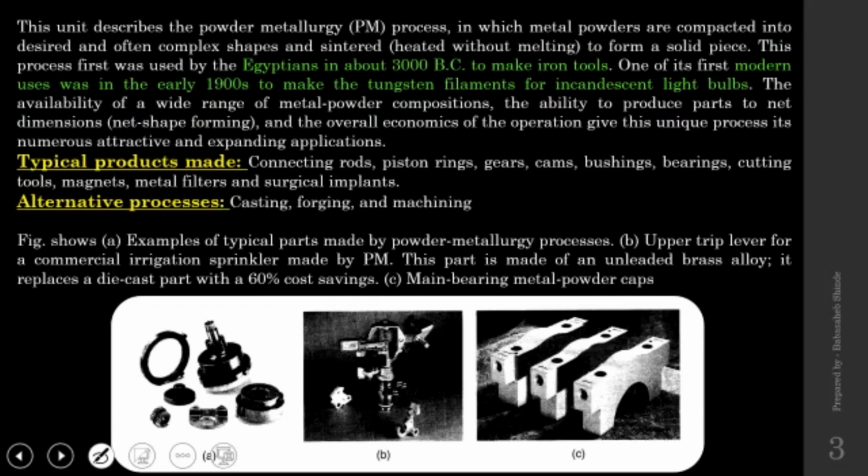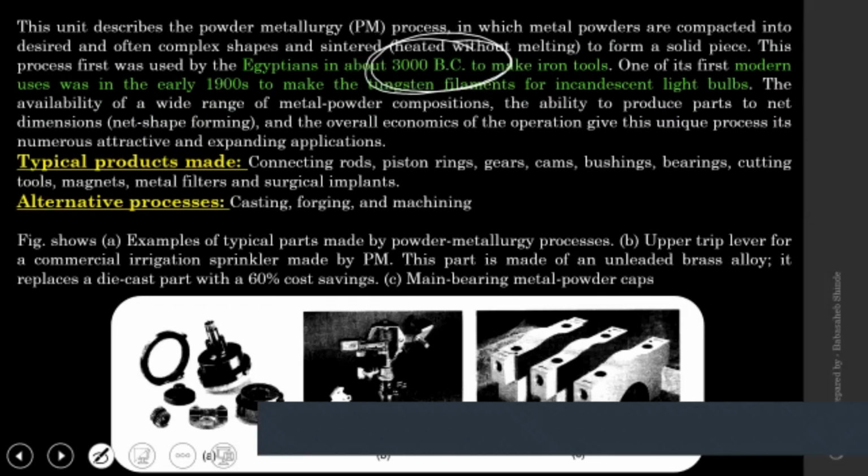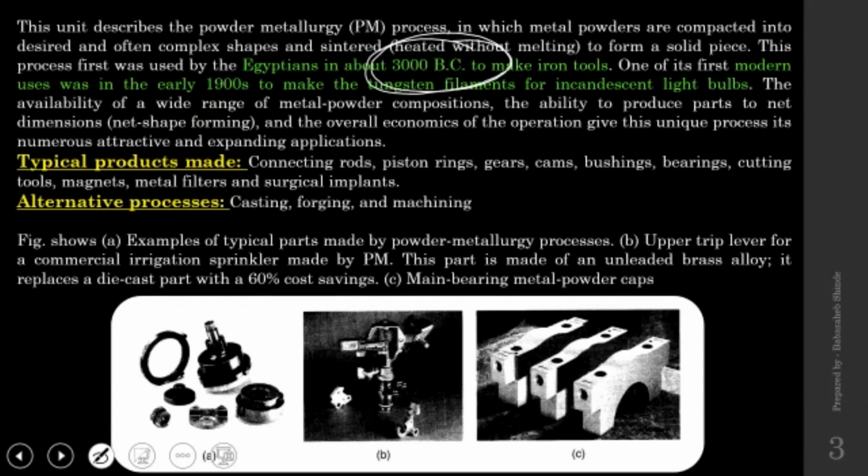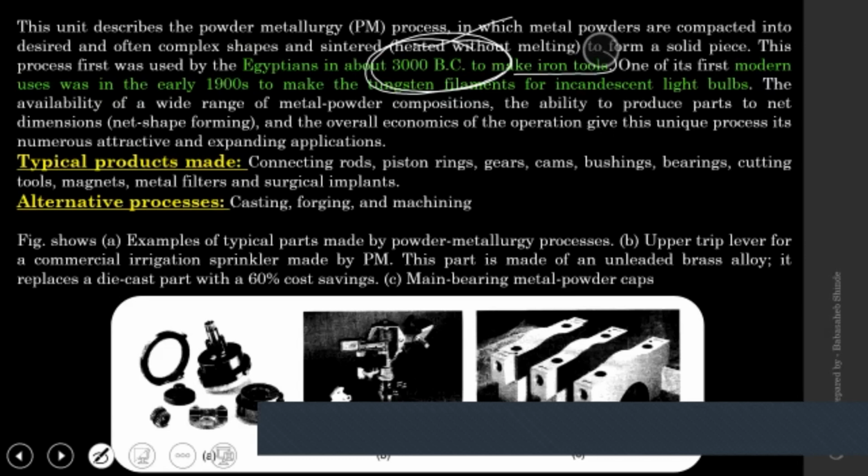If you try to find its roots, you will find that this technique was being used 3000 BC. So it is that old a technique, and we have been familiar with it since that time. And in that period, it was prominently used for making iron tools. So in those days people were using powder metallurgy to make iron tools.